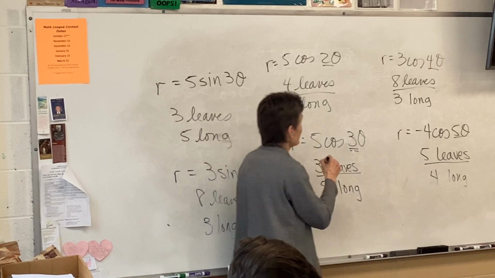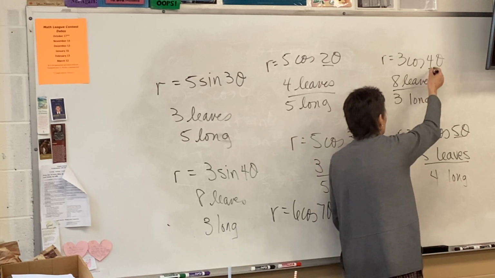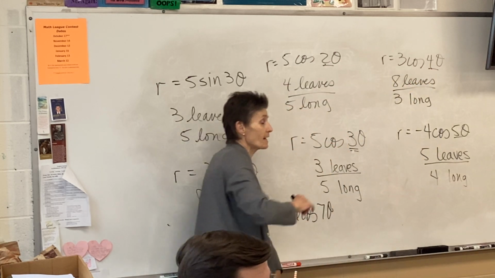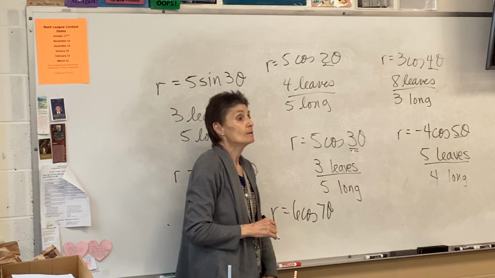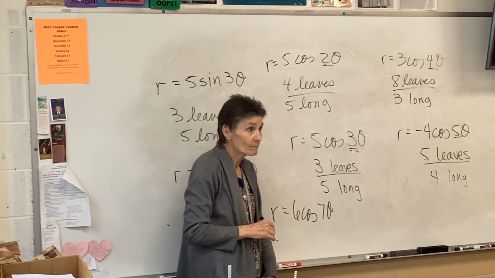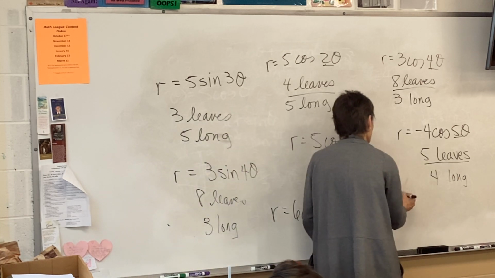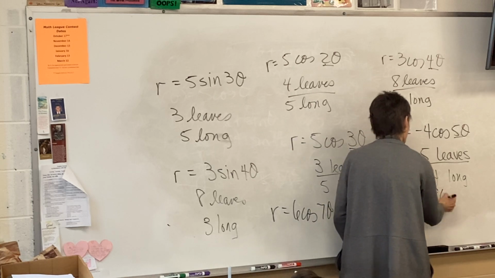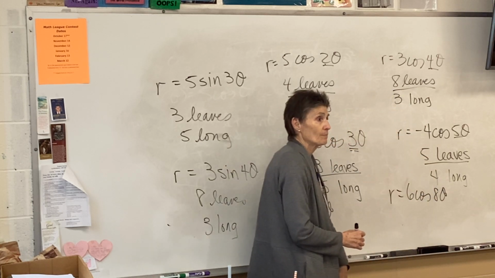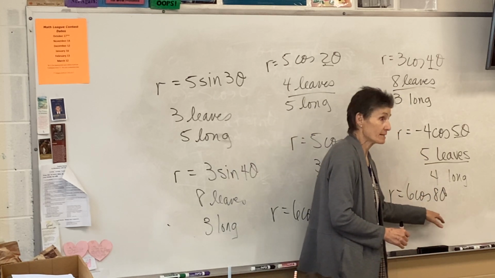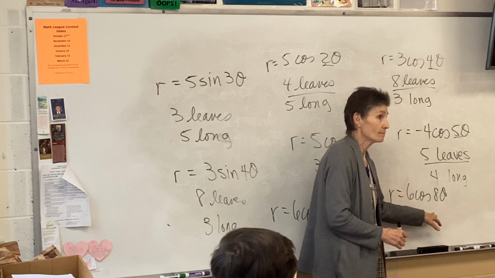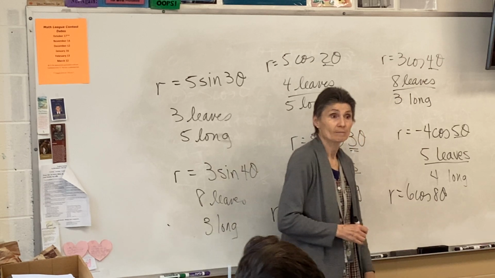Now, when that number is even, it looks like there are twice as many. So if we had 6 cosine 8 theta, there would be 16 leaves, and they would be 6 long.